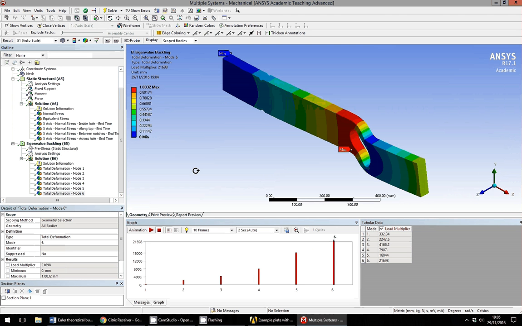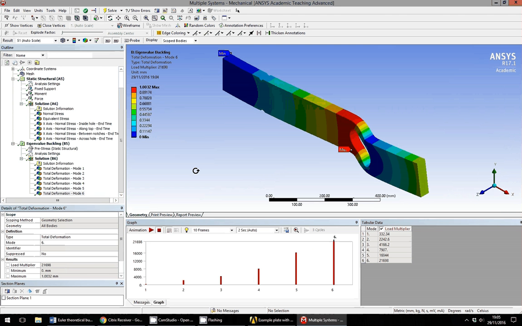And the results, final word, need to be treated with great caution. The true buckling loads tend to be lower than the theoretical. It's probably safe to say that the theoretical is always conservative, because it assumes that there are no initial imperfections in the structure and that the loads are perfectly concentric, collinear with the centroidal axis.